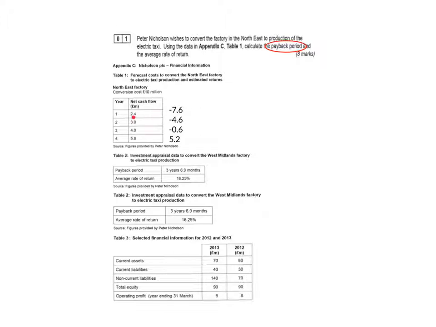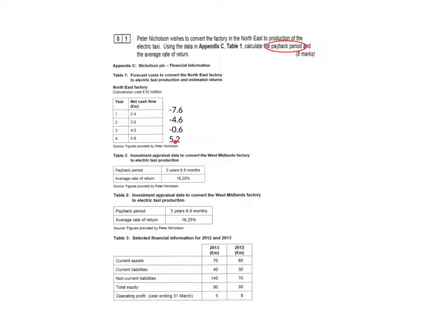So if you do minus 10 million plus 2.4 million, you should get minus 7.6 million. Then we do minus 7.6 million plus our 3 million, and we should get minus 4.6. Minus 4.6 plus our 4 million, we should get minus 0.6, and then plus 5.8, and we've got 5.2.